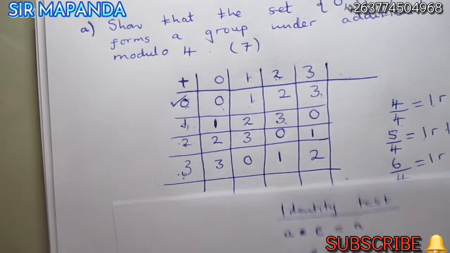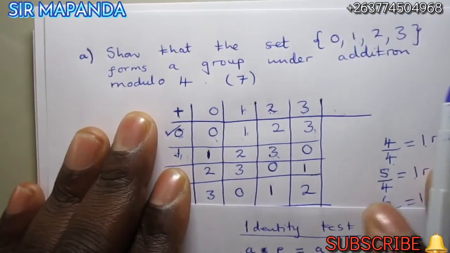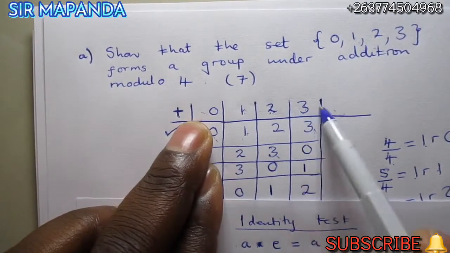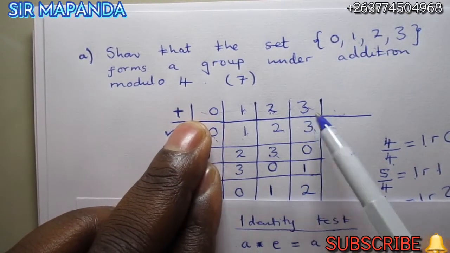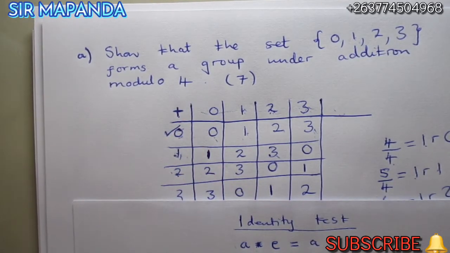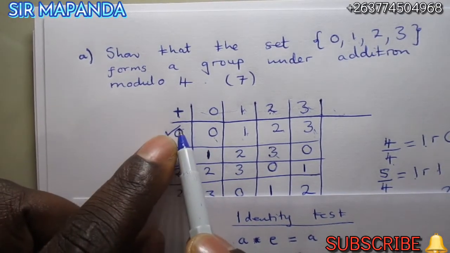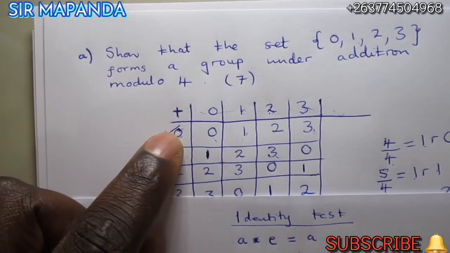To find the inverse, it is very easy. Let me give you this troubleshooter. Inverse answers are going to be extracted from the top row. An inverse is a number on the top row which is aligned to the identity element. I hope you are following. So let's say I want to find the inverse of 0. Remember, our identity element is 0.